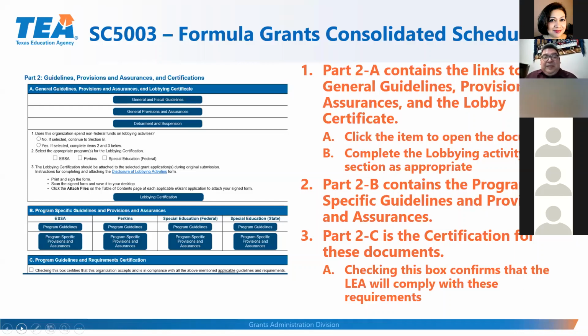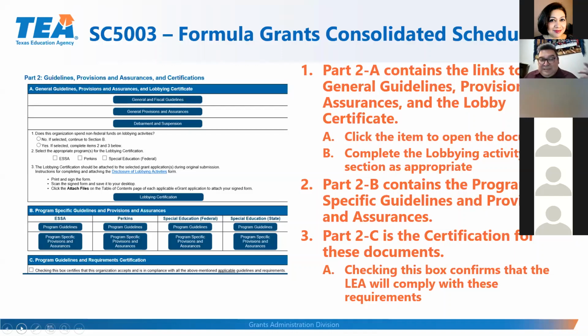Part 2B are just all the different specific guidelines and provisions and assurances. Your program guidelines, which are important, tell you all the allowable uses of funds, what is not allowable, and give you some of the information for each of the different funding sources that you would be applying for.